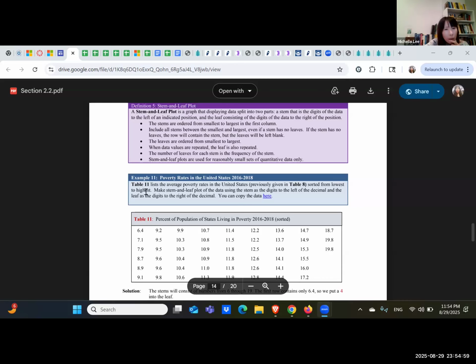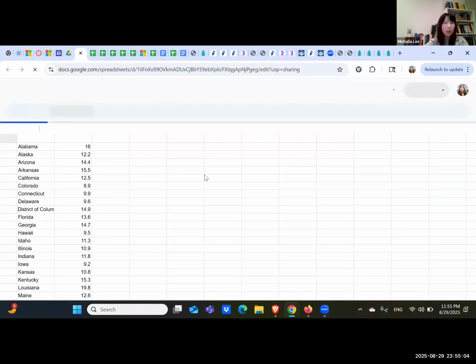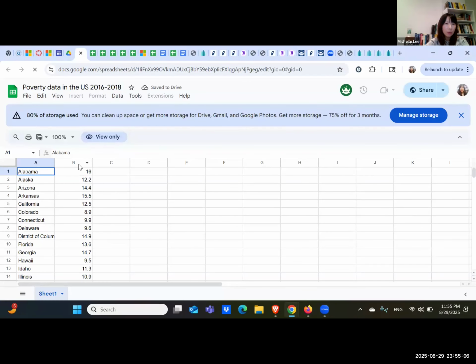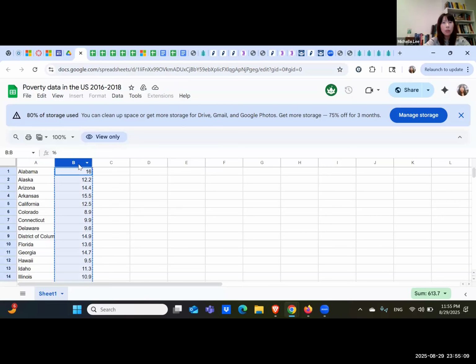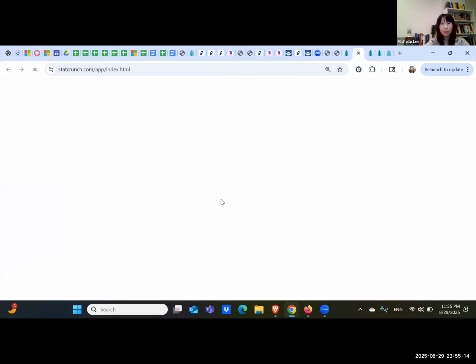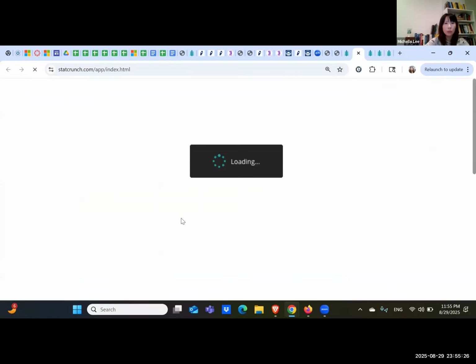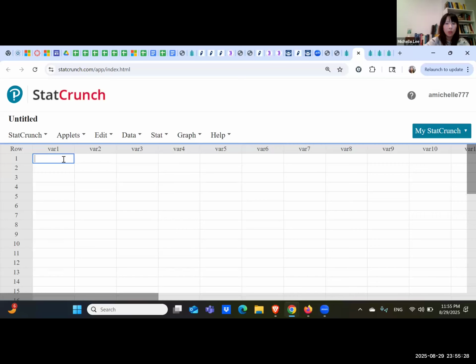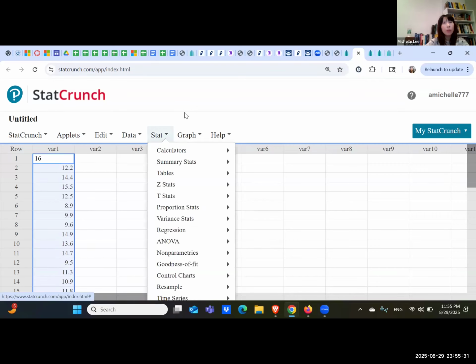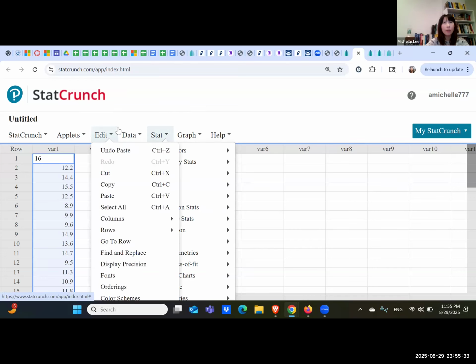Okay, so example 11 is here, right? So we copy only this one and go to StatCrunch. Okay, column 1. Again, paste.